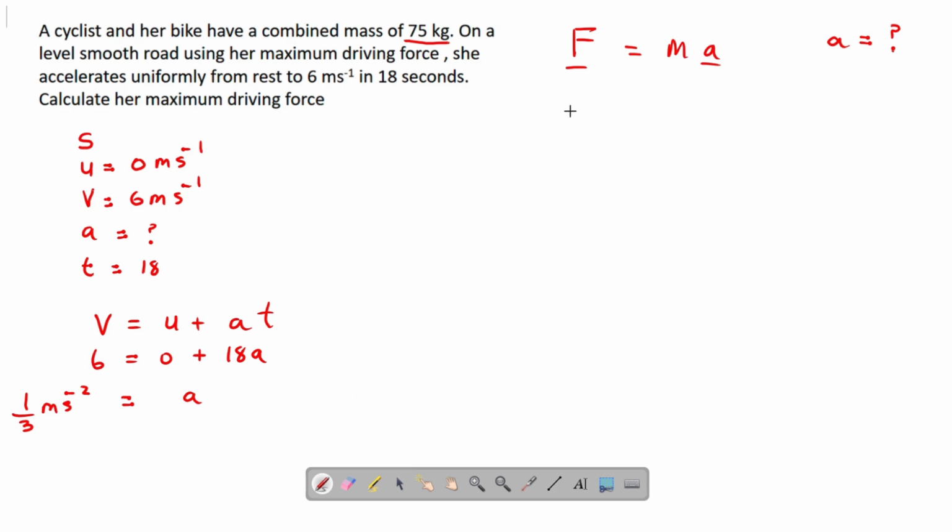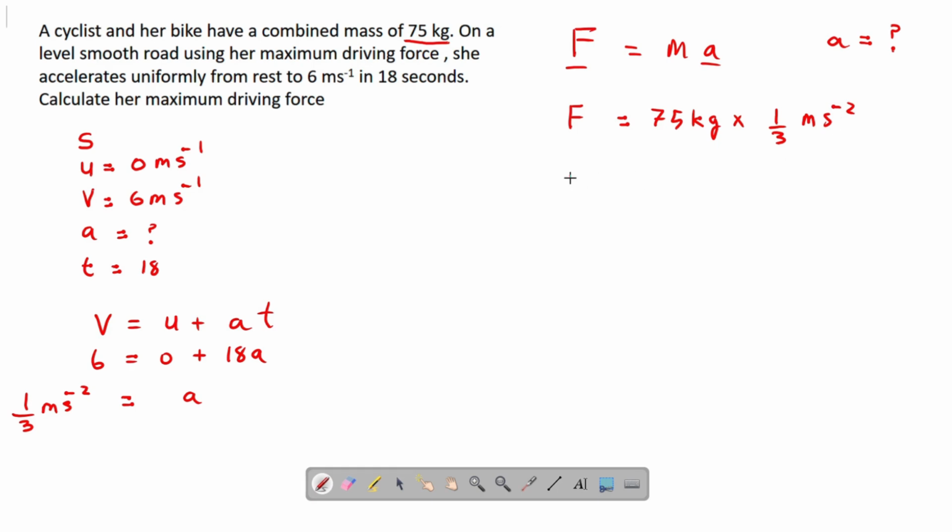So we can use the formula now. Force is equal to mass, which is 75 kilograms. I'm going to write 75 kilograms, and I'm going to show you the unit that we're going to get, times 1/3 meter per second squared.